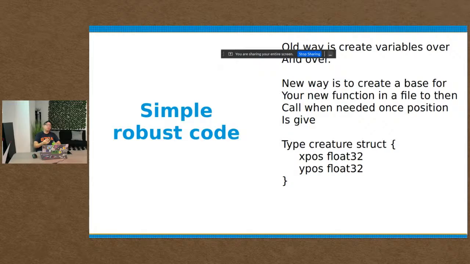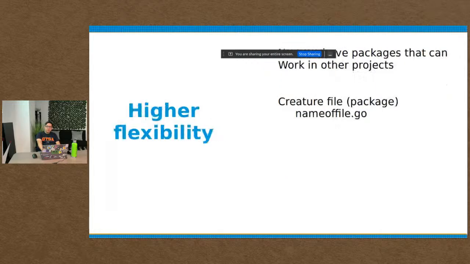Composition is going to have you building piece by piece, but once you build it once, you're kind of set from there. So you're able to move this to another project, and this is where I'm going to get into the hyper flexibility of this.